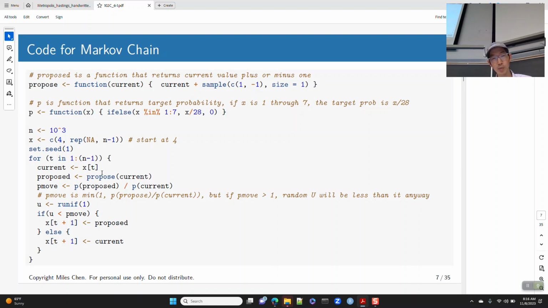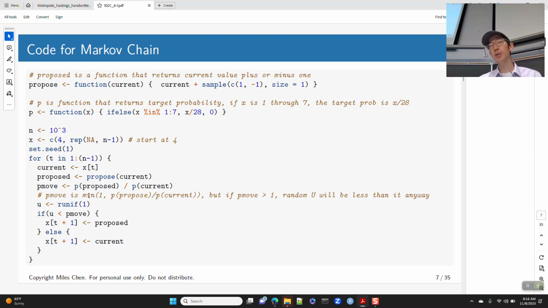Right? So we plug in p of the proposed. So maybe that's 5 over 28, or maybe it's 3 over 28, divided by our current, which is going to be 4 over 28. And then we're going to generate a random value, a random u. And if u is less than p move, we'll move.